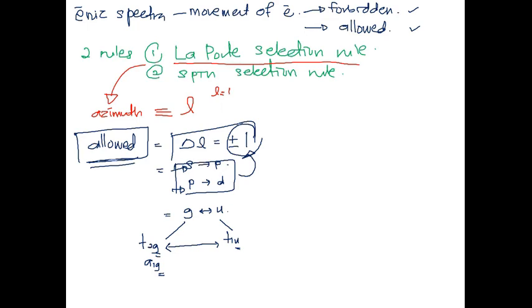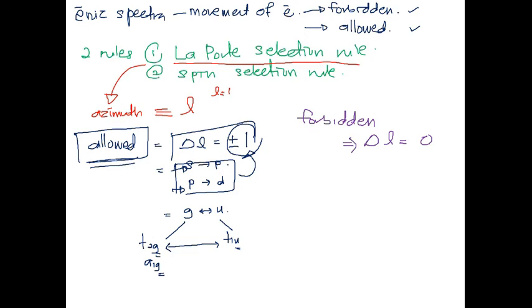While for the forbidden, what color should I use? Okay, for the forbidden transition, when it is here, the azimuth number equals 1. So for a forbidden transition, the delta L must be 0.